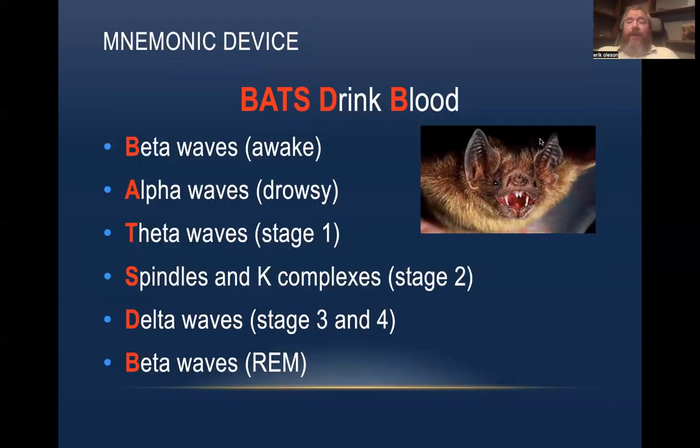But I do want to point out that, from my perspective, knowing these sleep stages lends itself much more to multiple choice type questions than to the essay on the exam.